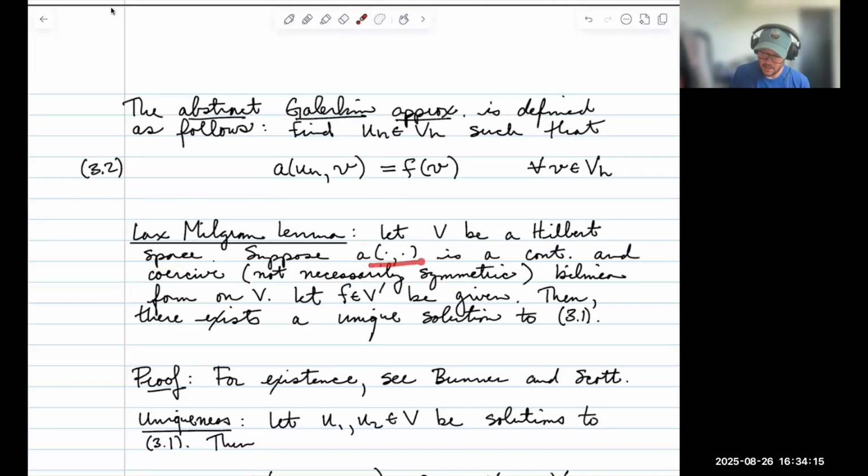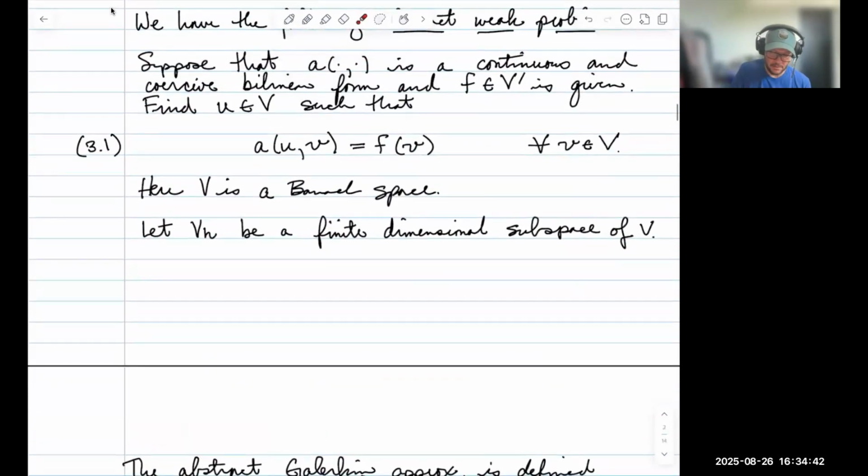Suppose that A is a continuous and coercive, but not necessarily symmetric, bilinear form on V. Let f in V prime be given. Right, this means a bounded linear functional in the dual space. Then there exists a unique solution to problem 3.1, our abstract weak formulation. There it is right there.